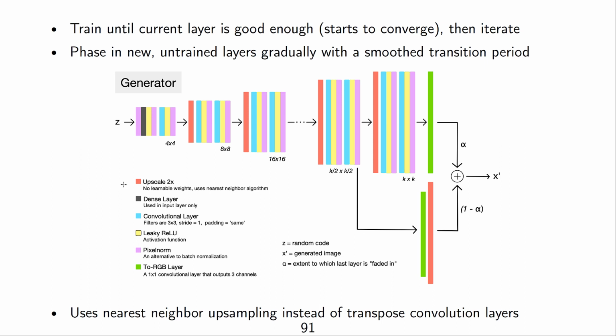This is the architecture. Maybe some interesting side remarks. The authors actually used nearest neighbor sampling in order to upscale images. The convolutional layers, shown in light blue, are 3 by 3 convolutions with stride 1 and same padding. Leaky ReLU is the chosen activation function.